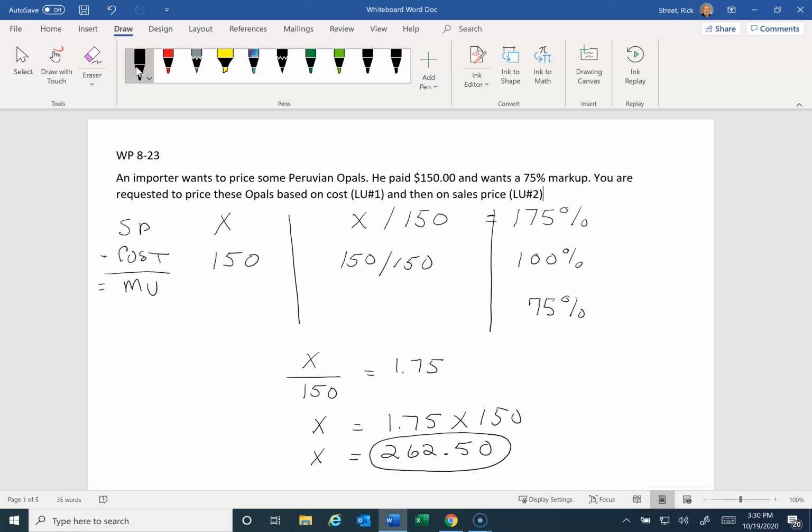And what we're going to do over here is we're just going to test this. That would be the answer, of course.